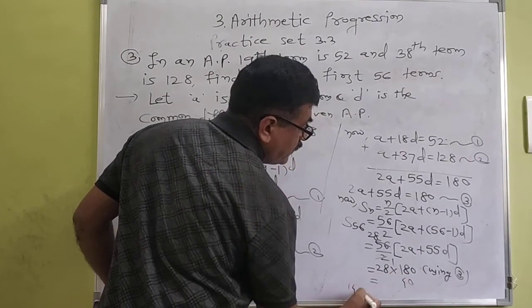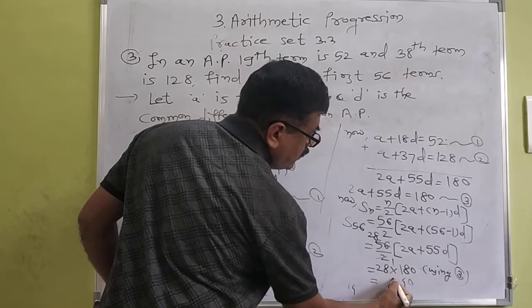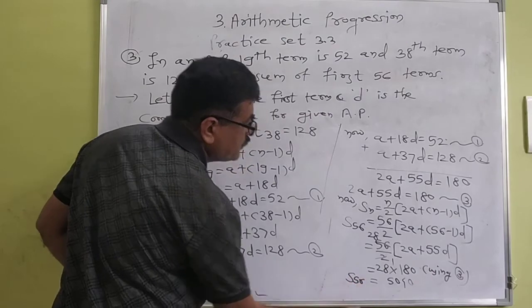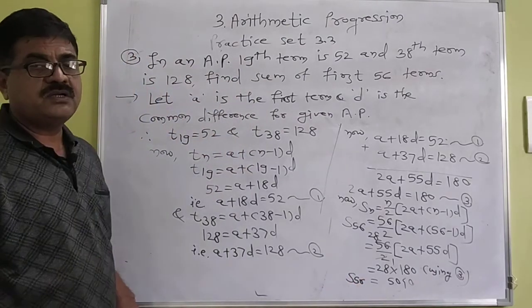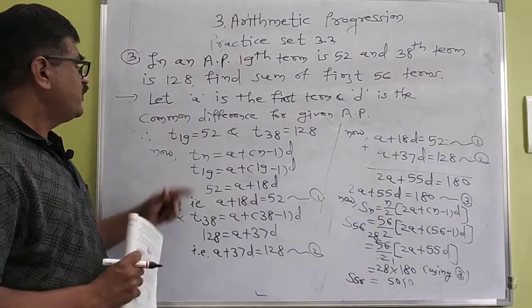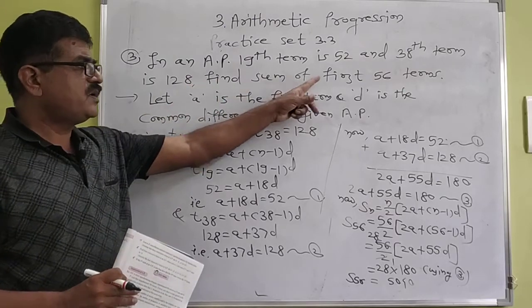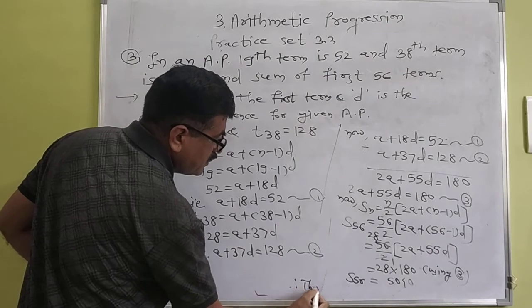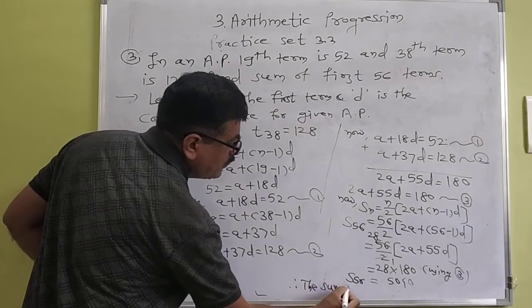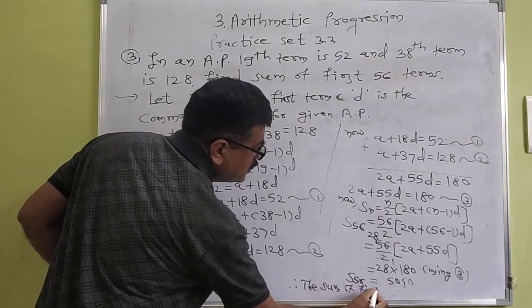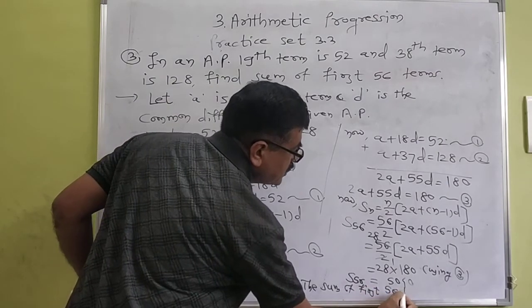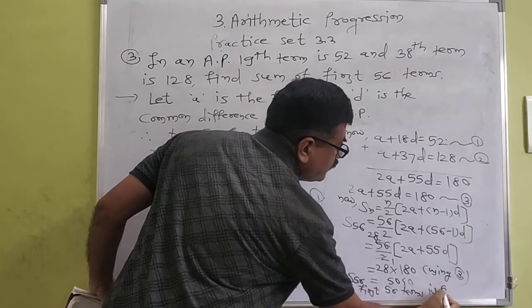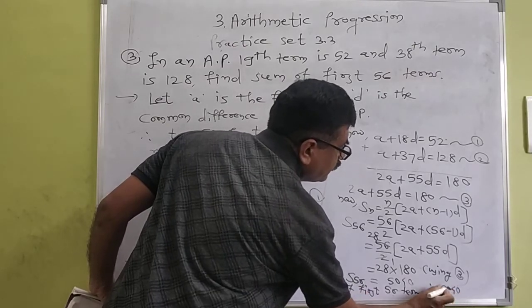That is, S56 is equal to 5040. Therefore, what is the answer? The sum of the first 56 terms is 5040.